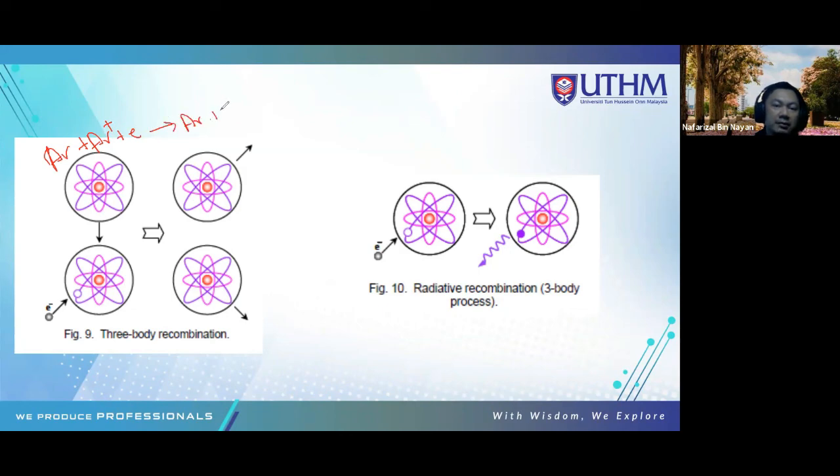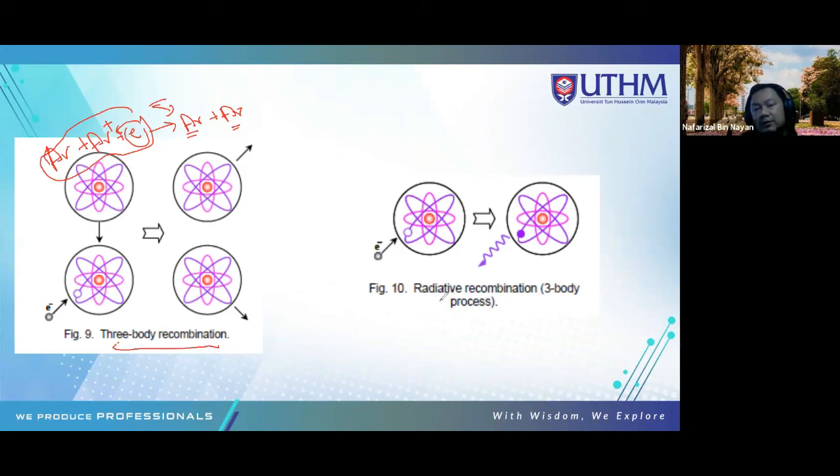The electron combines with the argon ion and it becomes a neutral argon. This is what we call three body recombination, where the third body helps to recombine the argon ion into argon.